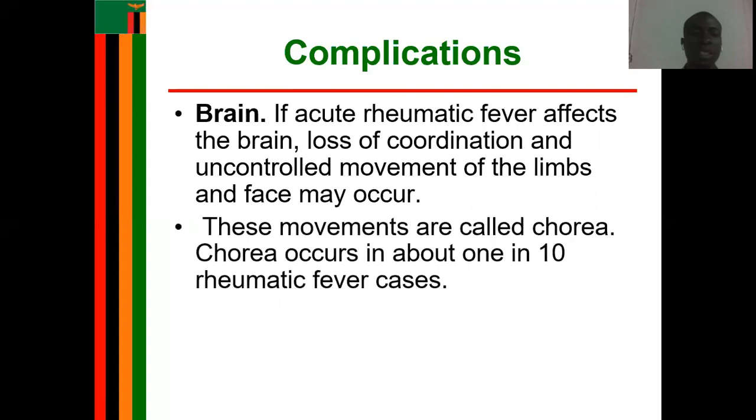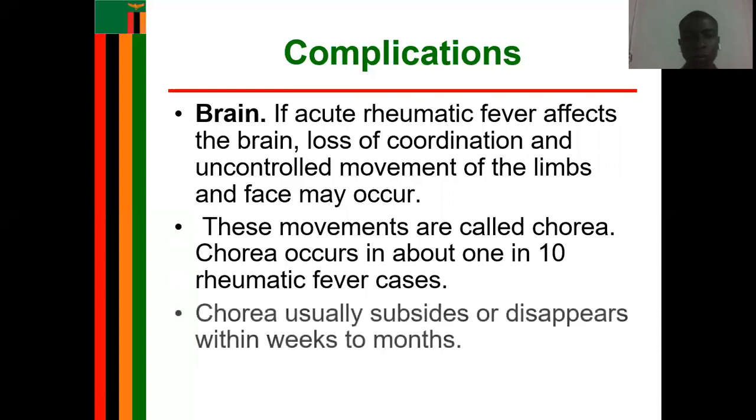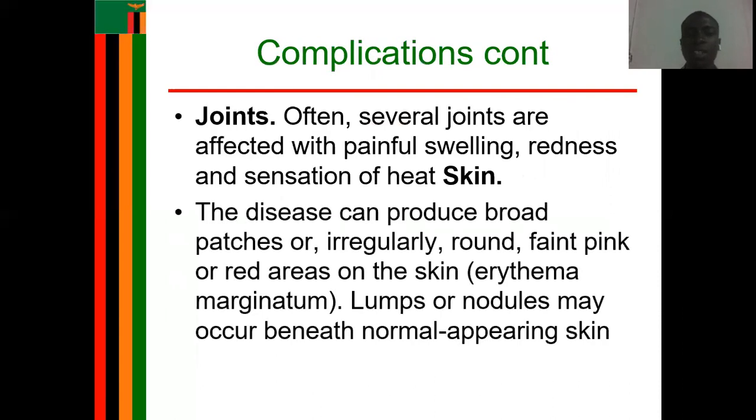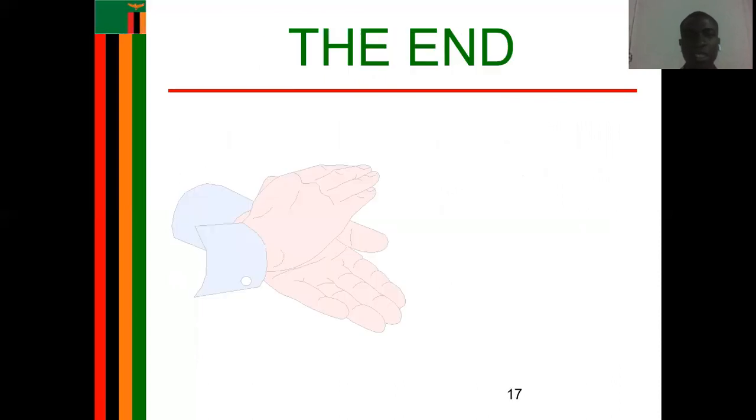Acute rheumatic fever can also affect the brain, causing loss of coordination and uncontrolled movements of the limbs, such as jerking of the body parts. The joints are often severely affected, with painful swelling, redness, and a sensation of heat. The disease can also produce rashes on the skin.